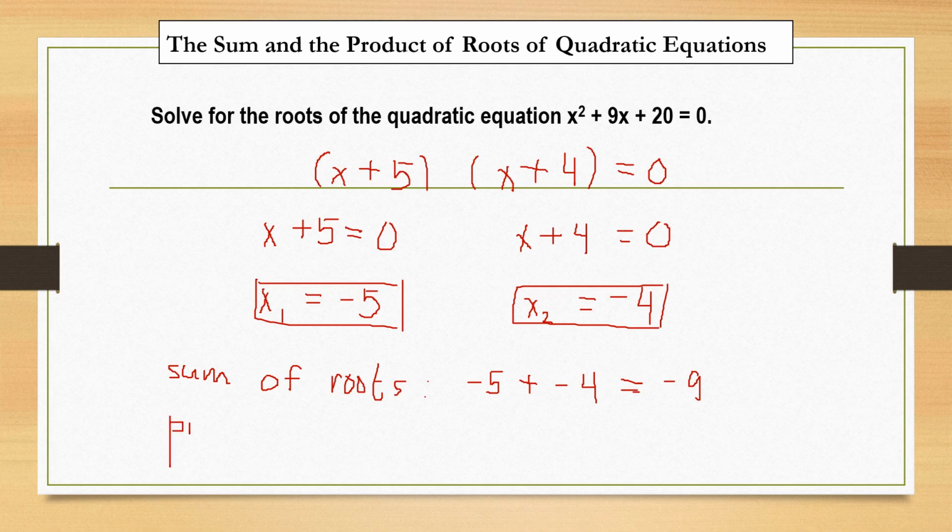And if we are asked to give the product of the roots, we say negative 5 times negative 4. So the product of the roots is equal to 20.